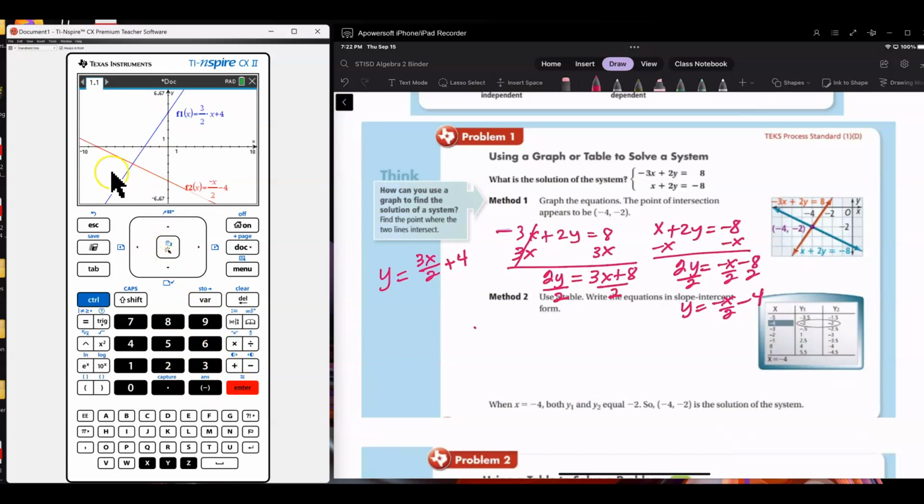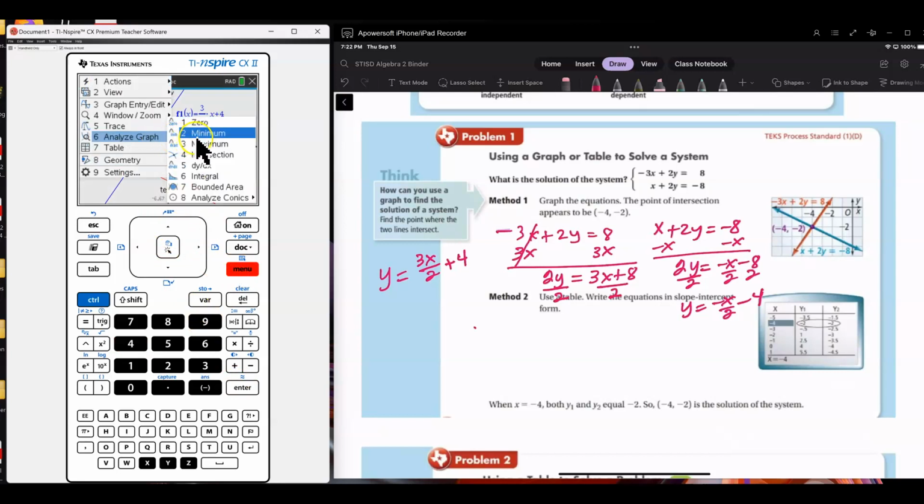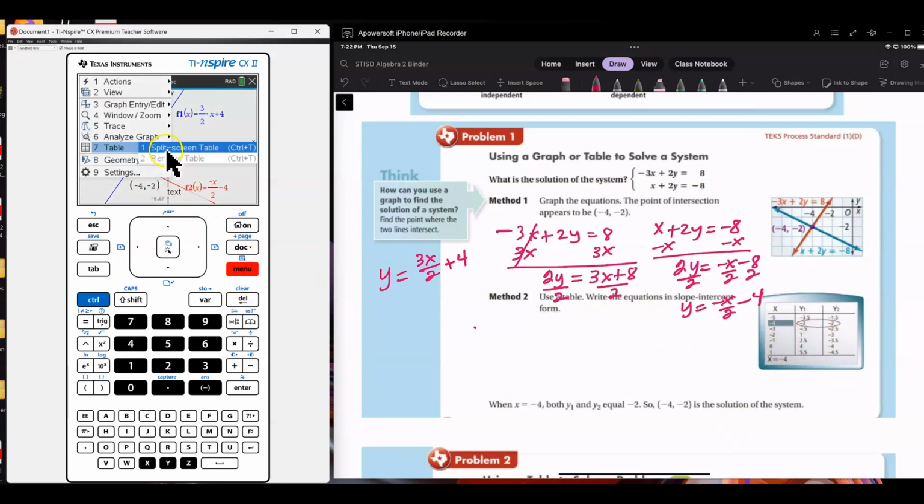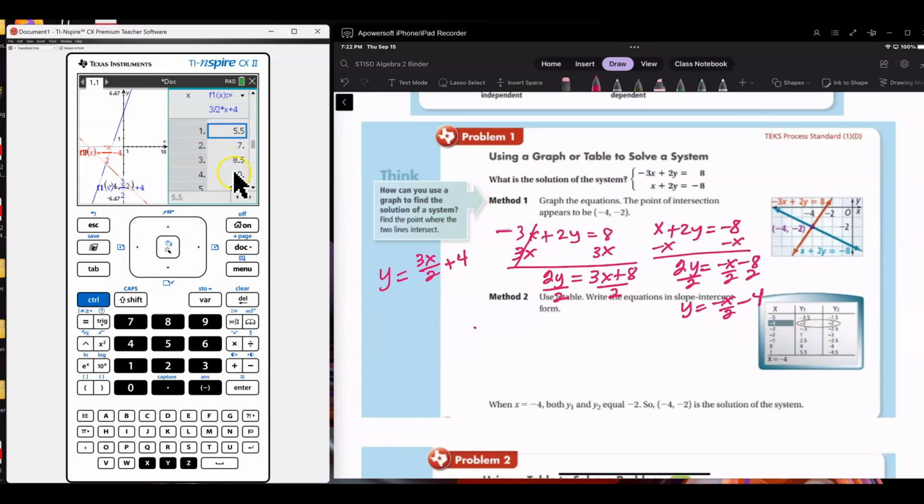And the answer will be where both of them intersect. Now I think the calculator can find the intersection. So for intersections, you want to go minimum, maximum, and you notice the intersection is negative 4, negative 2. Now you also notice if we do the table, Menu, we can also see the intersection.